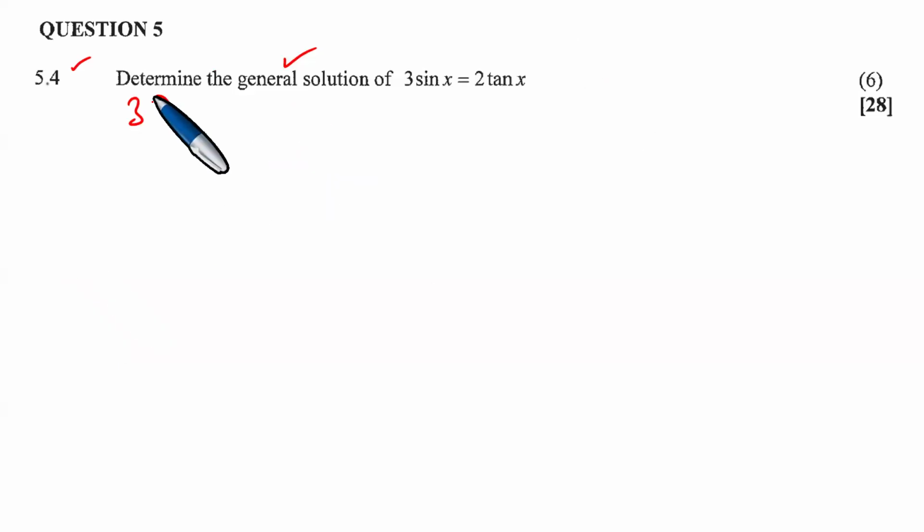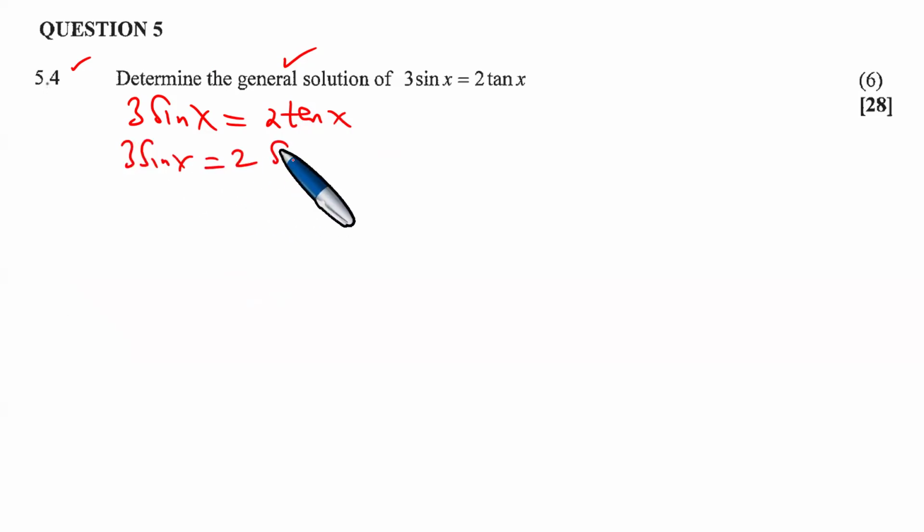So if you've been given 3 sine x equals tangent of x, how do we deal with this? The tan is sine x over cosine x, and we cross multiply.